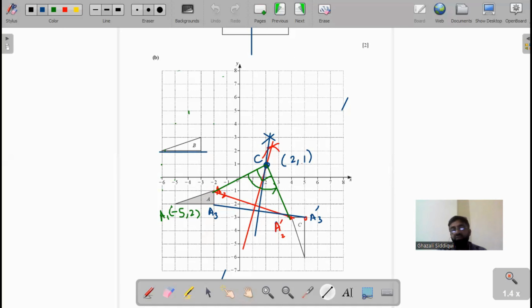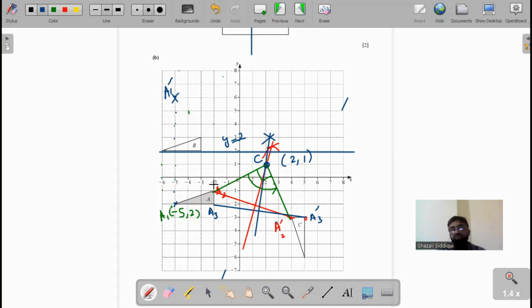We draw a line y equal to 2 here, and draw the image points of triangle A. We see that the distance between A1 and the line y equal to 2 is 1, 2, 3, and 4. And we draw a point 4 units above y equal to 2. Now 1, 2, 3, 4. This is the image point A1 dash.